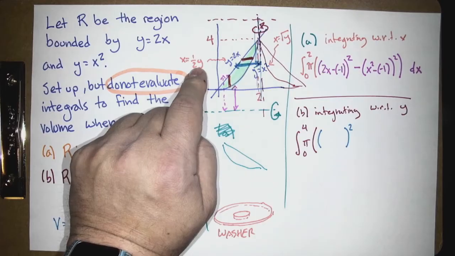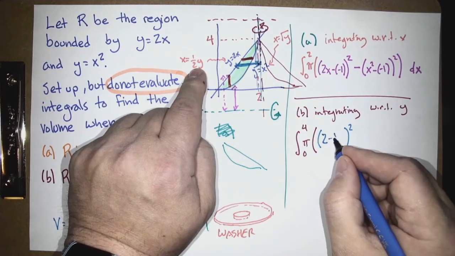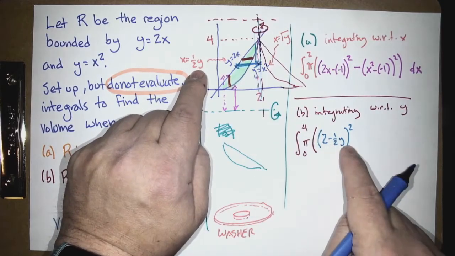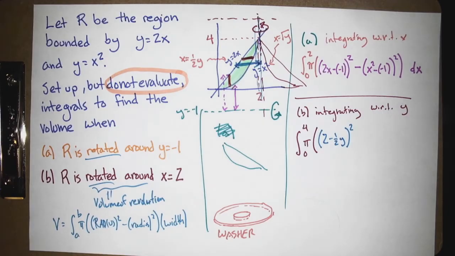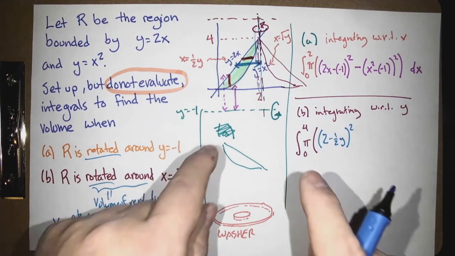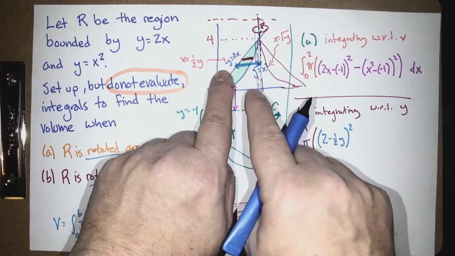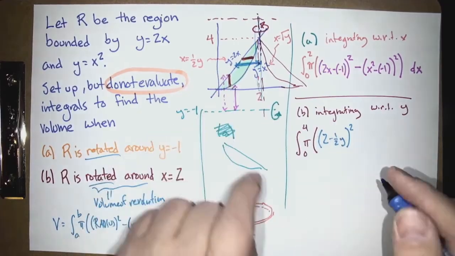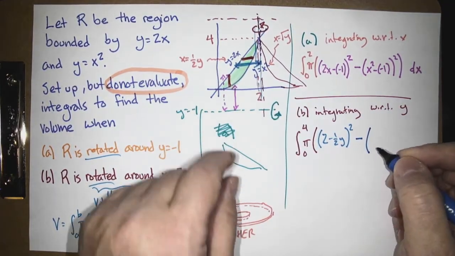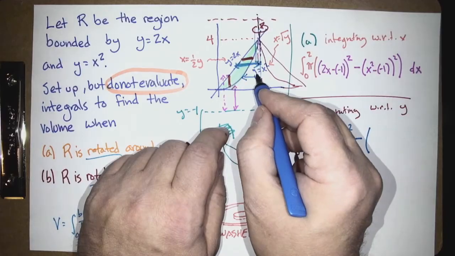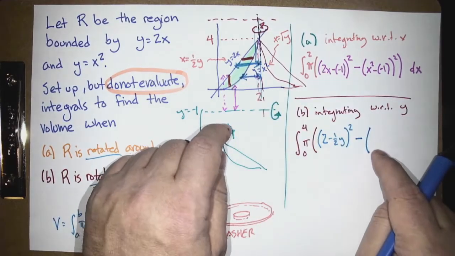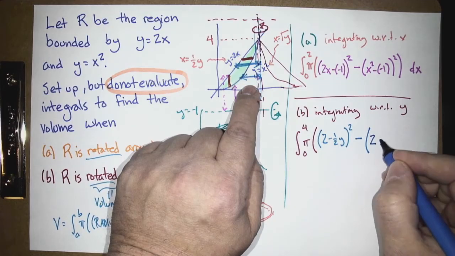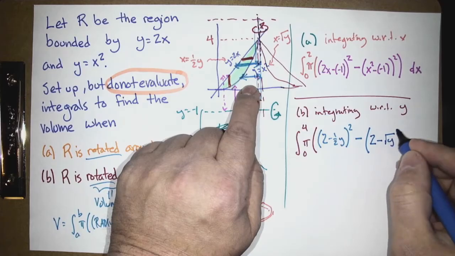Why didn't you say 1/2 y minus 2? Because which one is bigger? The 2 is bigger. It's large value minus small value. Now subtract our inner radius, the other curve. What's that distance? 2 minus the square root of y.